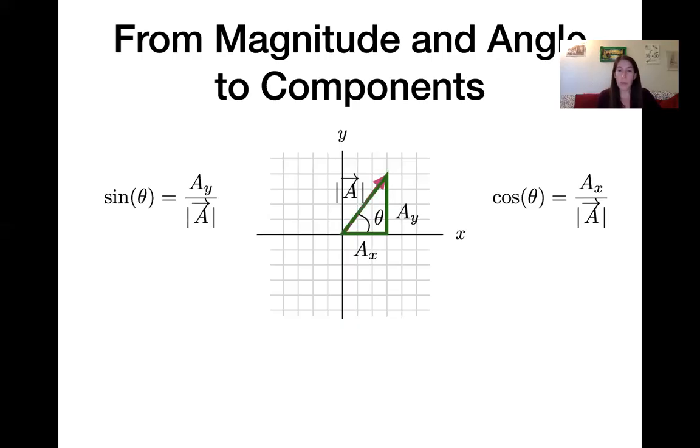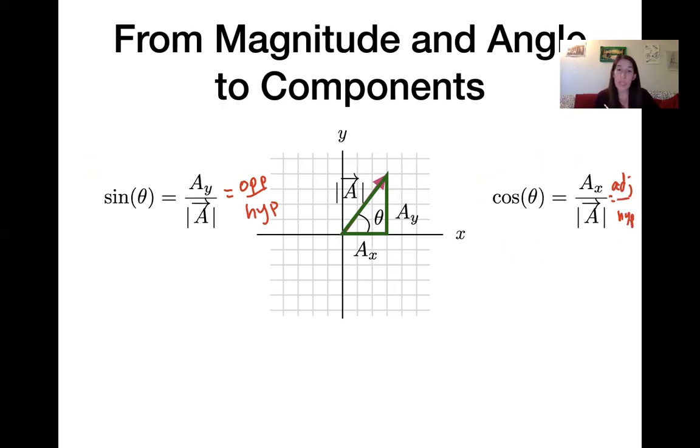So again, we have some triangle here, but now what we're going to need are our friends sine and cosine. Sine is always going to be opposite over hypotenuse, whereas cosine is always adjacent over hypotenuse.